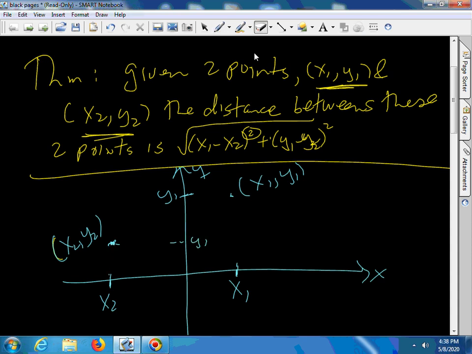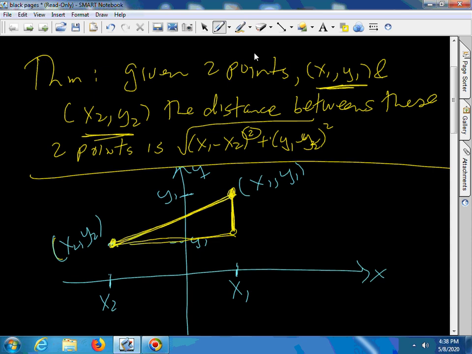Okay, so let us find out what the distance is between those two points. The distance between that point and that point. Now, you can make a right triangle and use the Pythagorean theorem. You can go straight across and straight down.